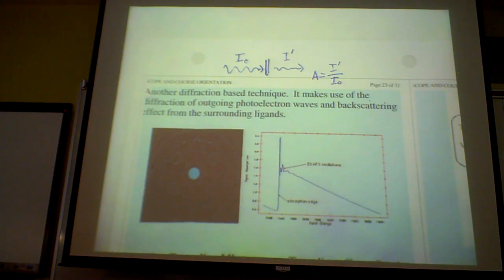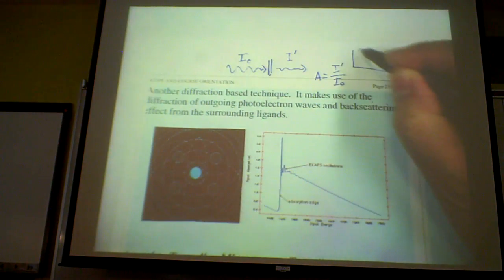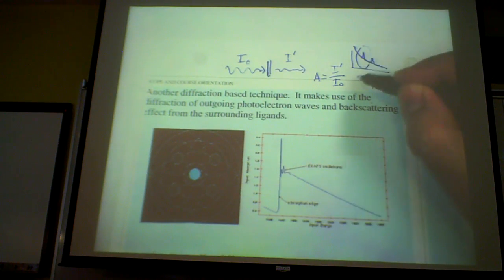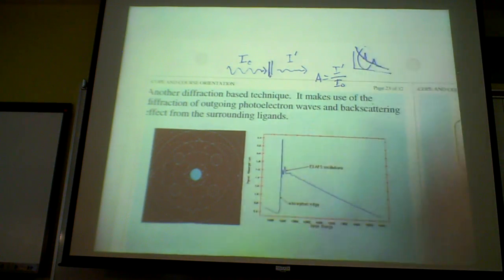The absorption usually goes down like this, and then at a certain bit you will have a little peak like this. And here what I show is just one of these absorption edges, so-called absorption edge.